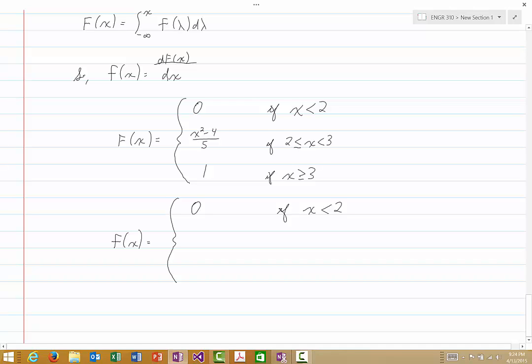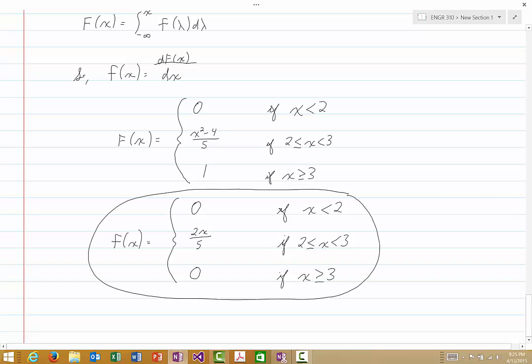And the derivative of x squared minus 4 over 5 is 2x over 5, and that's in the region 2 is less than or equal to x is less than 3. And the derivative of 1 is 0, and that's in the region x is greater than or equal to 3. So here is the density function for this random variable.